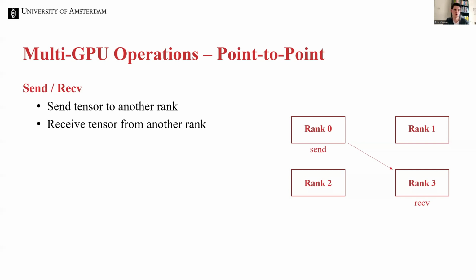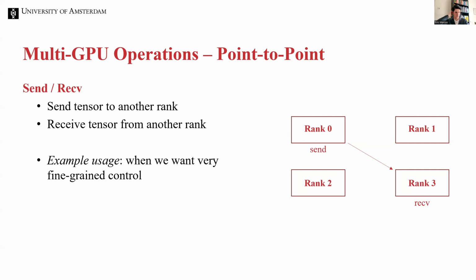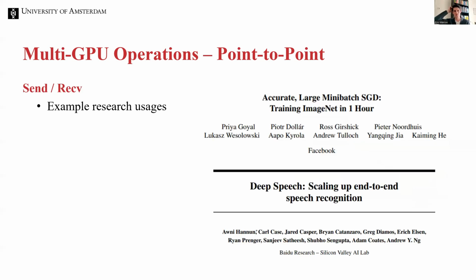For each of the operations, I want to give you a bit of intuition for why and when we would use it. For point-to-point, you do this if you really want to have very fine-grained control, if you want to squeeze the last bit out of it. Let me give you some real-life research examples where people really had to go down to point-to-point communication.